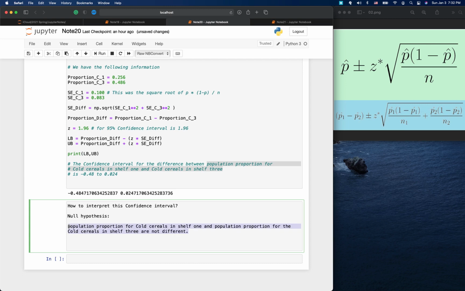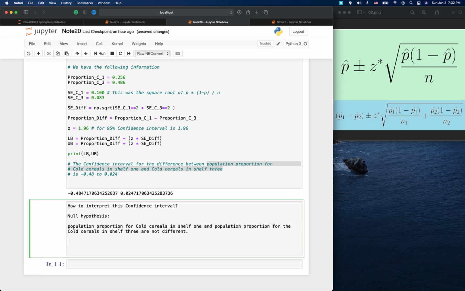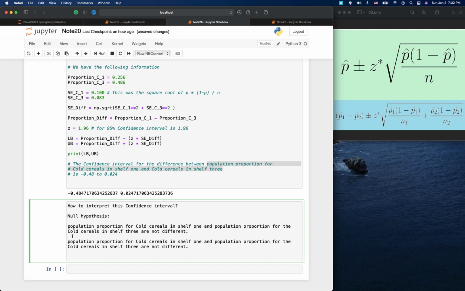Or we can say the population proportion for cold cereal in shelf 1 minus the population proportion for cold cereal in shelf 3 is equal to 0.